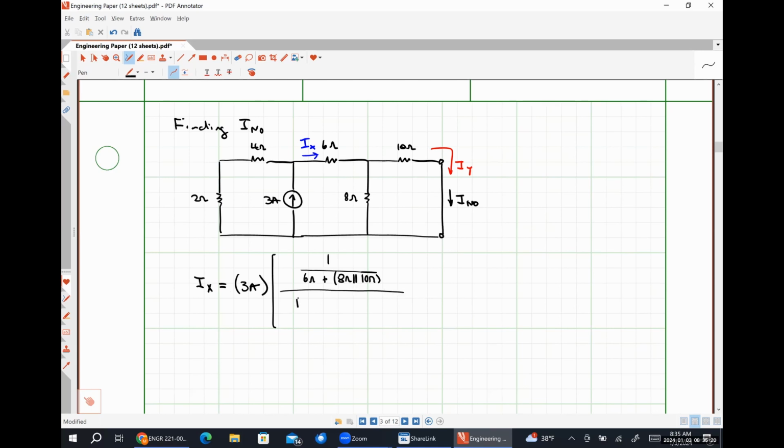And then I'm going to have 1 over 2 ohms plus 4 ohms plus 1 over 6 ohms plus 8 in parallel with 10. And that's going to give me a number. Let's figure out what that number is here really quickly.